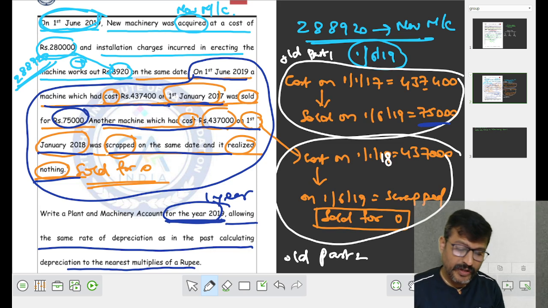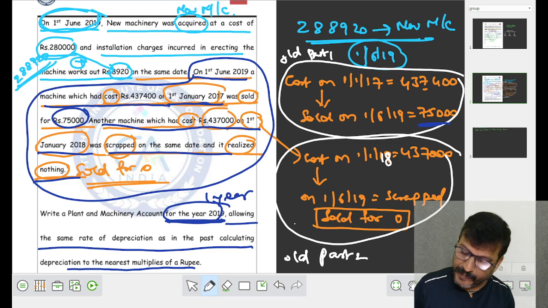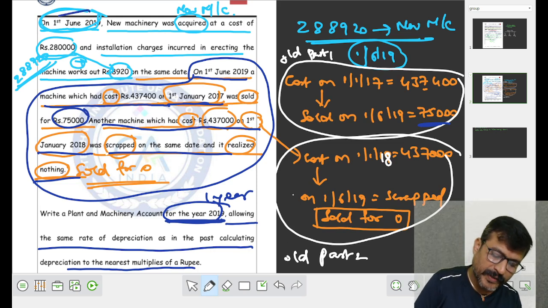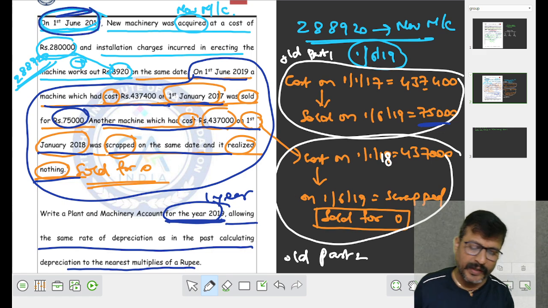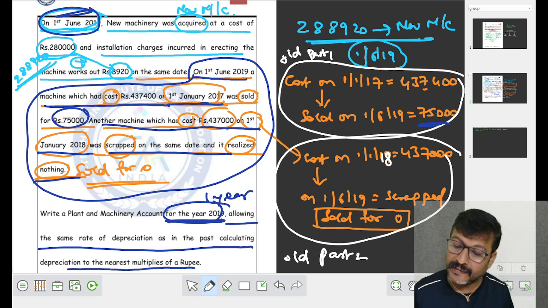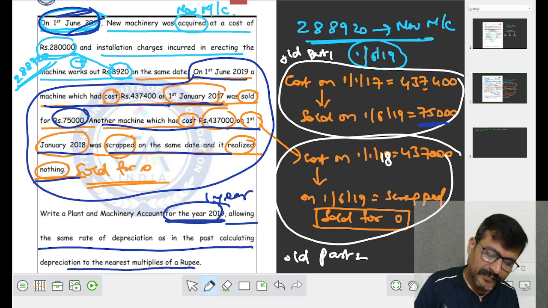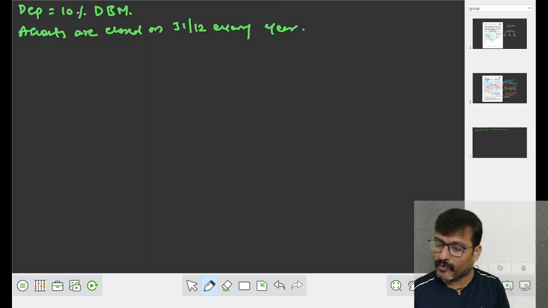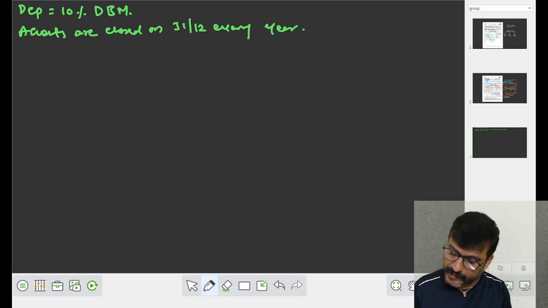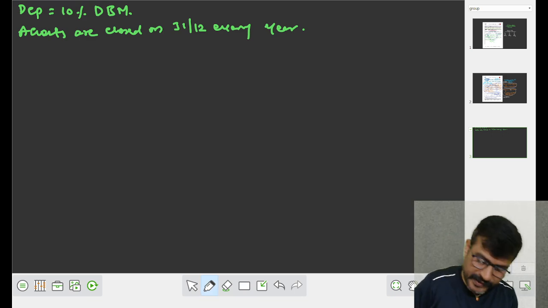Now, the new machine is purchased. When is the new machine purchased? June 2019. Okay, now what we have to do? We have to prepare a format. How to prepare a format? See, I tell you.